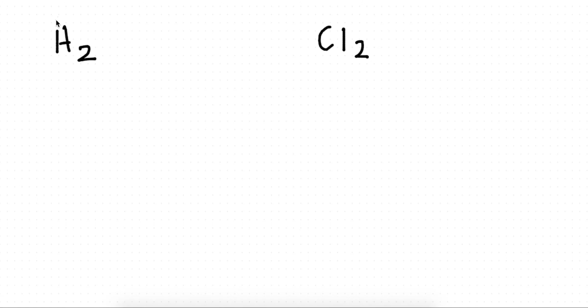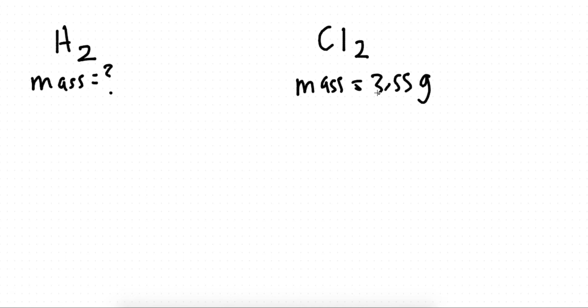We want to find the mass of hydrogen. So mass equals question mark that has twice the number of molecules. The keyword is twice. Do we have the mass of chlorine? Yes, mass of chlorine is 3.55 grams. Do we have the molar mass of chlorine? Yes.